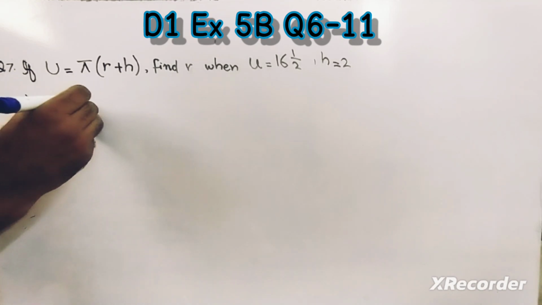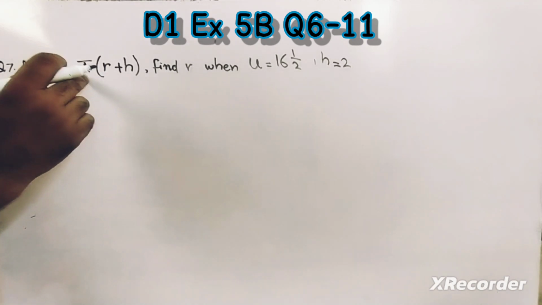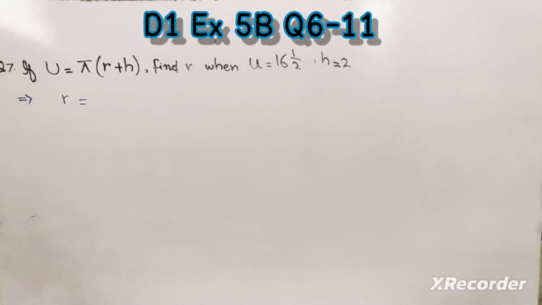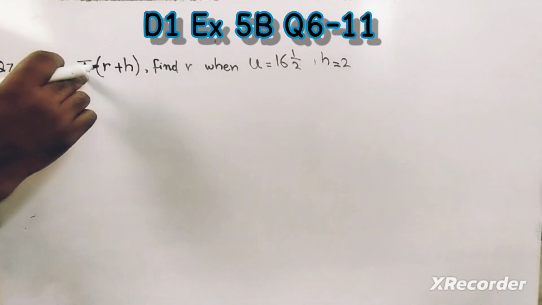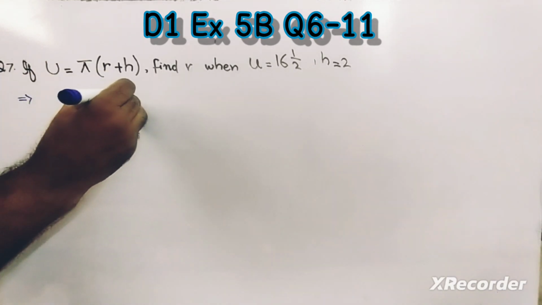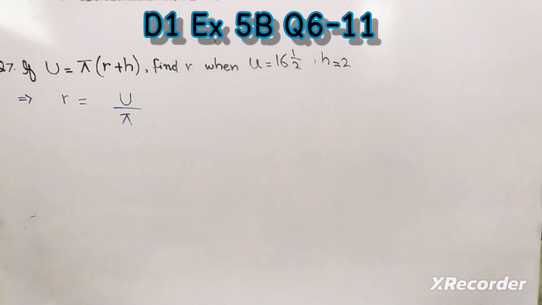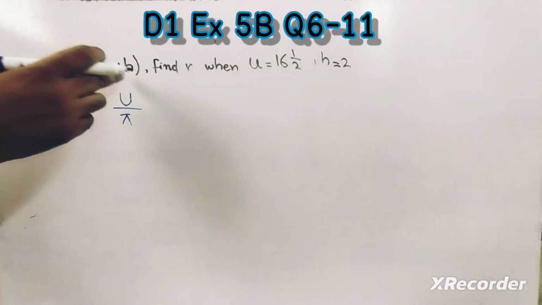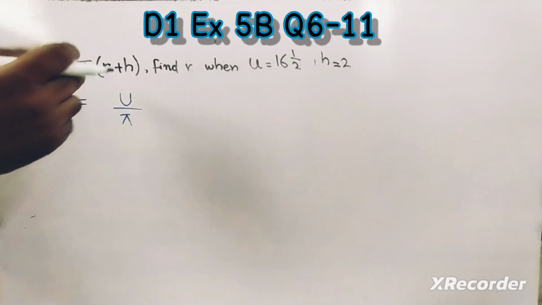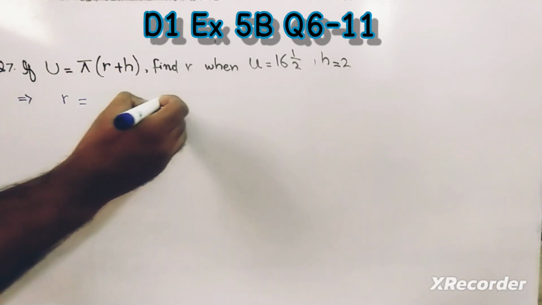Pi is multiplied with (r plus h), so we move this pi to this side, like that. U upon pi, and h is added with r, so then it will become minus h.